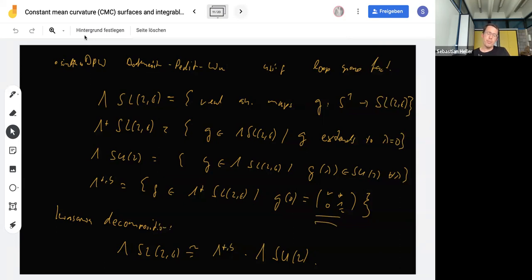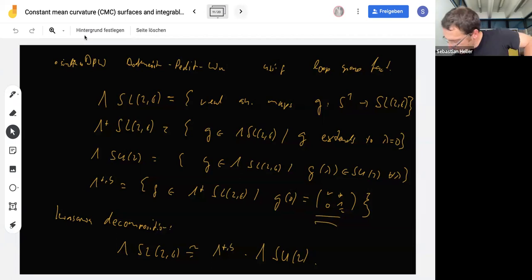You can prove from that that you really get this kind of diffeomorphism, the splitting of a general loop into a positive loop, so a loop which extends holomorphically, times some unitary guy.